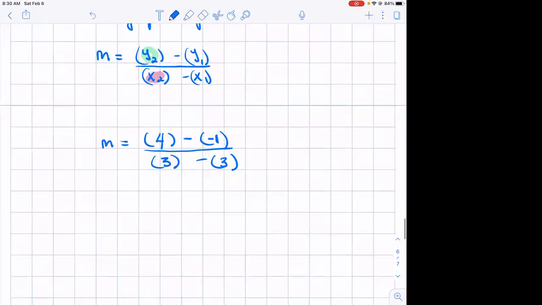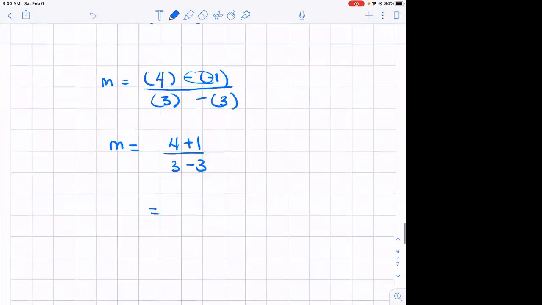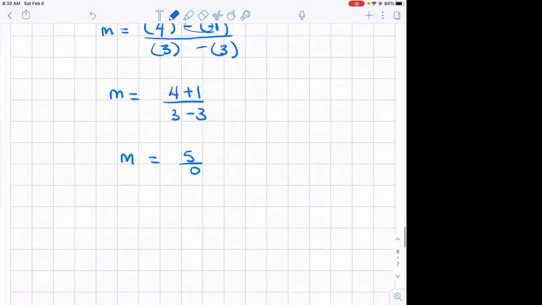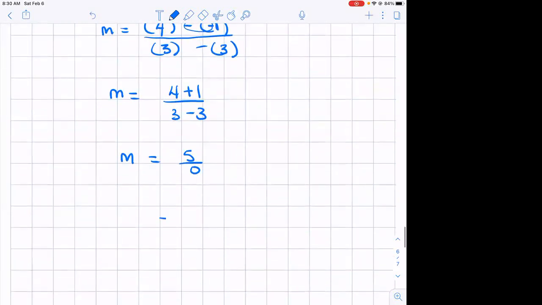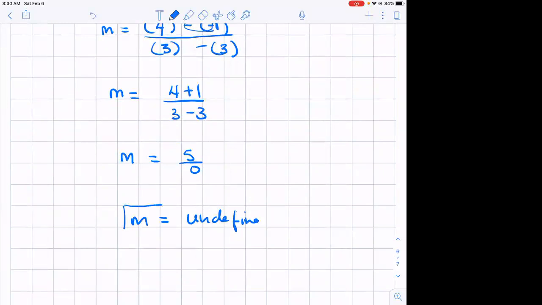So m is equal to, these two negatives become positive, 4 plus 1 over 3 minus 3, and that is equal to 5 over 0. And we know that anything over 0 is what we call undefined.